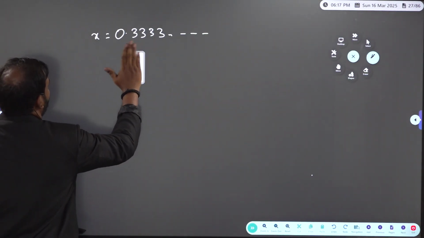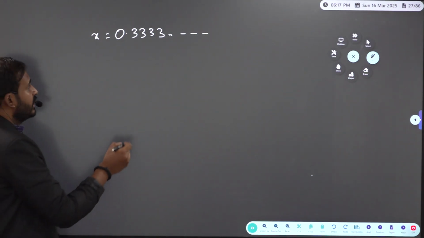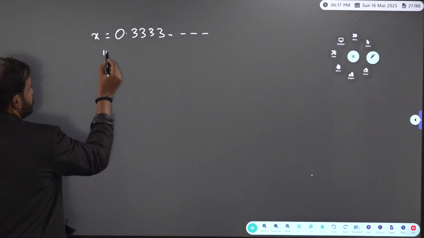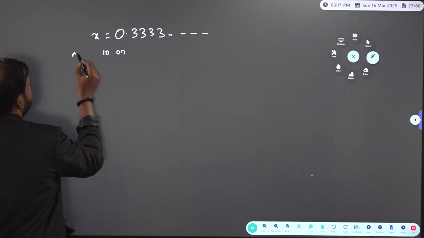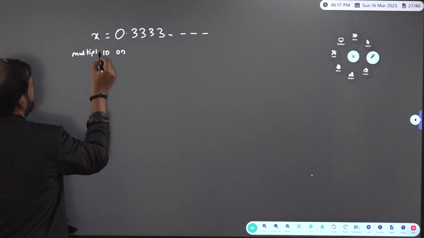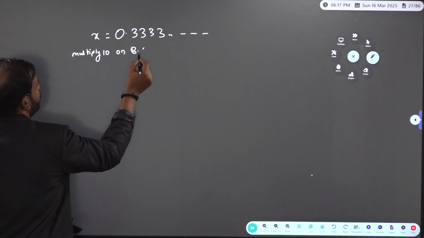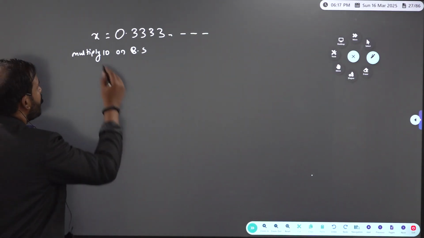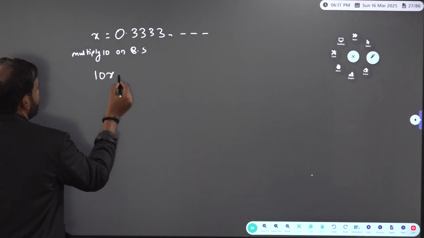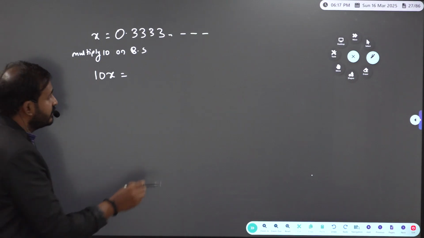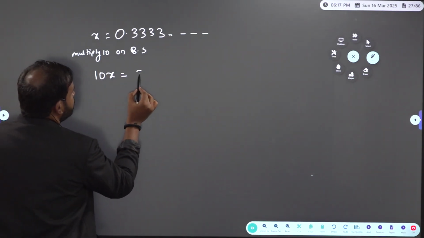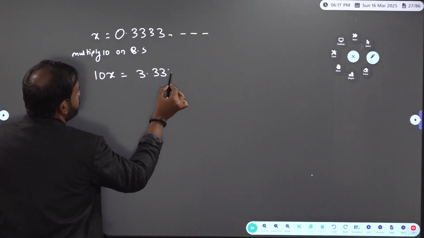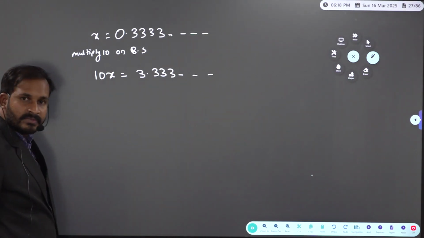Now what happens to this x? If I multiply 10 on both sides, 10x will become, when I multiply 10 to this, 3.33333, something like this, right?